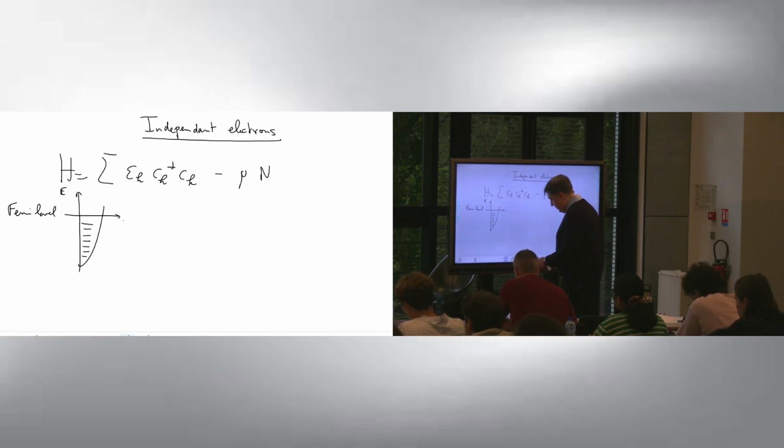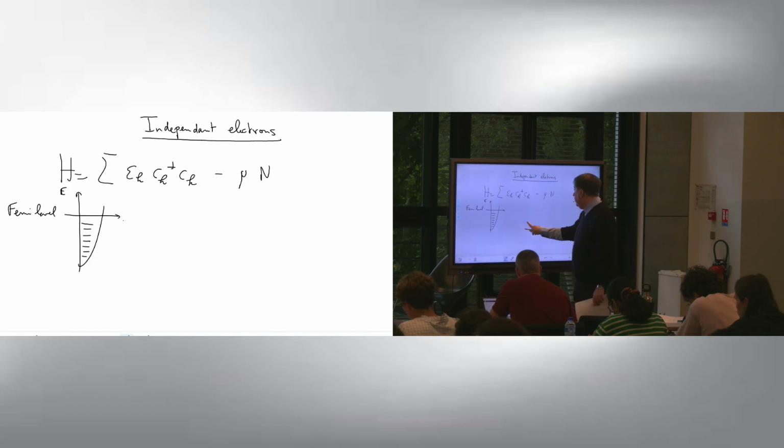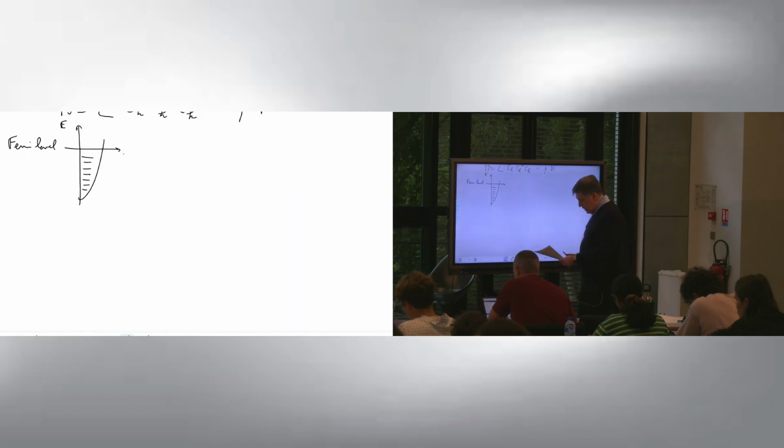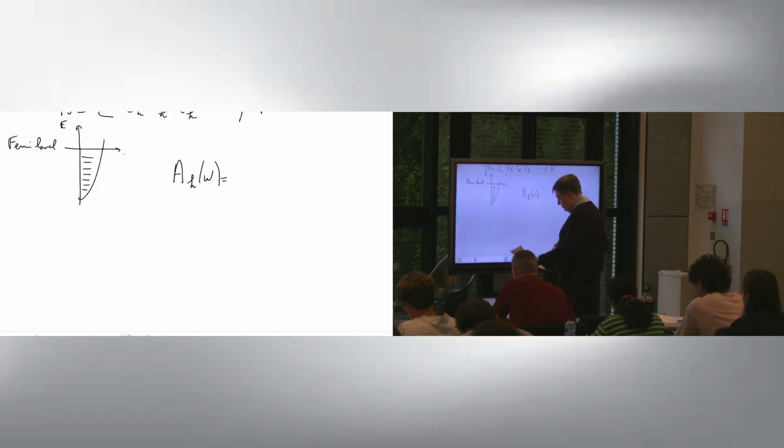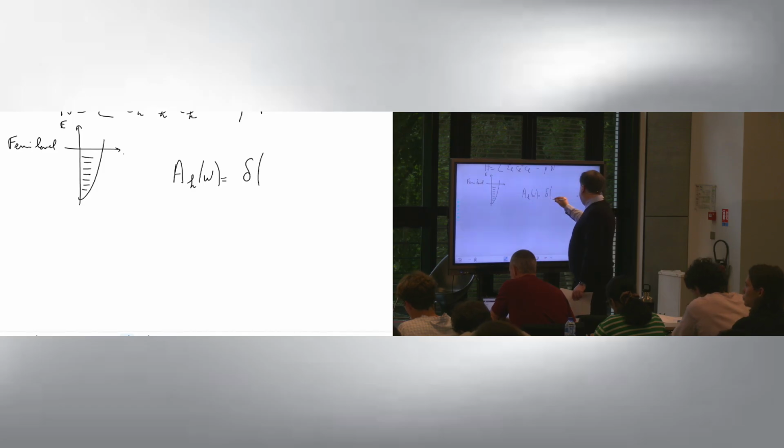With a Fermi surface. And the point is that the example shows that the spectral function A(k, omega) is simply a delta peak, delta(omega plus mu minus epsilon_k).